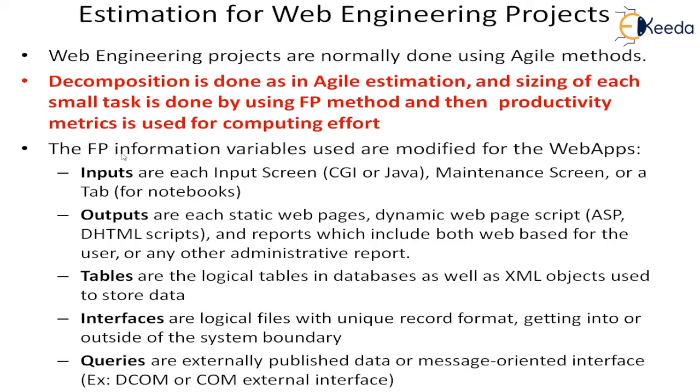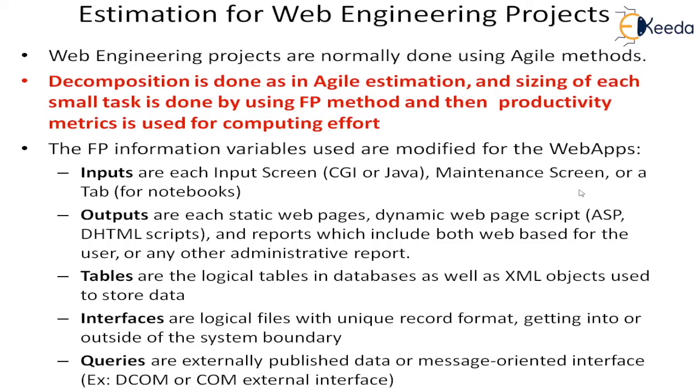So how will we modify it? Let us look at it. Now the inputs become each input screen and maintenance screen. We may have some direct data input screens given by the user, which are normally developed in Java or CGI or Microsoft .NET or anything.